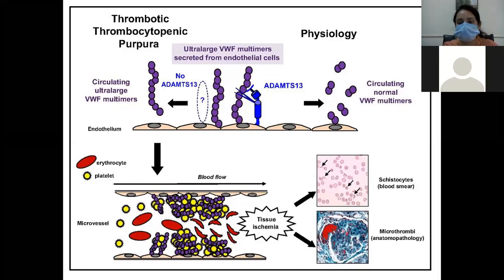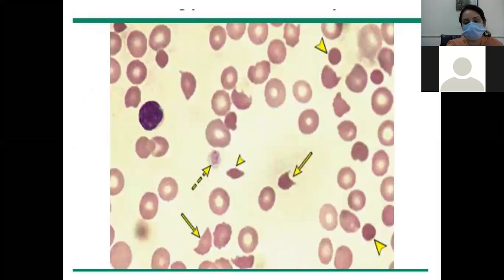Schistocytes means that RBCs will be broken, and these will be seen in the form of schistocytes on peripheral blood smear, as you can see in this picture. And there will also be microthrombi in small blood vessels. Again you can see the picture of schistocytes.